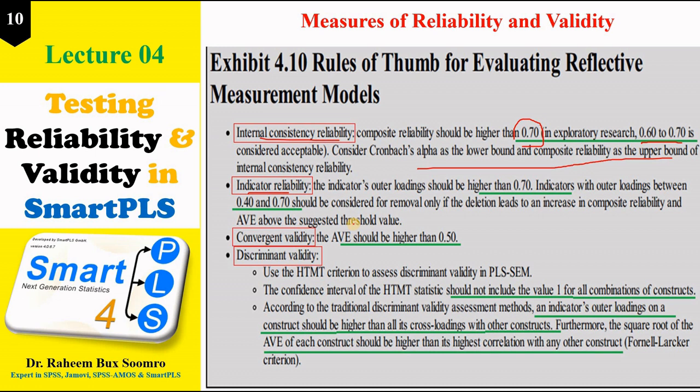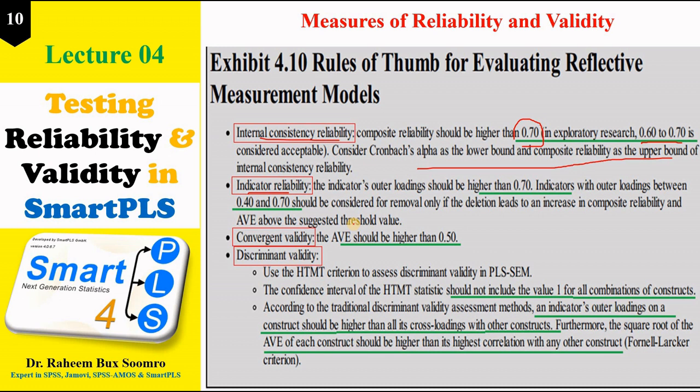So if you think that deleting an indicator whose value is less than 0.7 but higher than 0.4 will increase the value of composite reliability and the value of AVE, then it should be deleted. But if the vice versa case is there, then it is better to keep that indicator within the model.